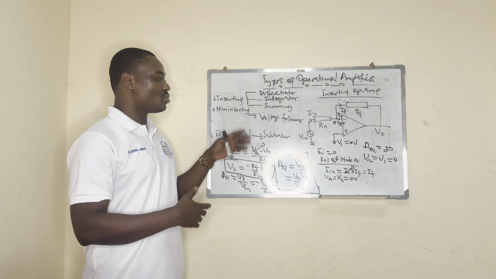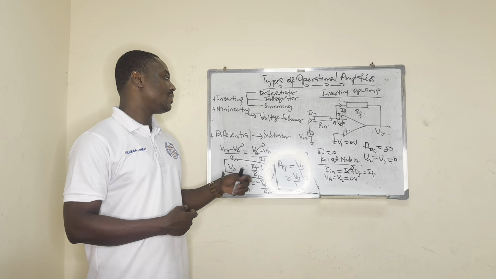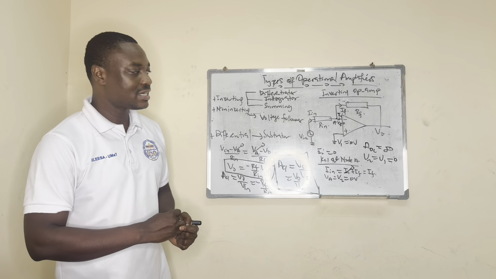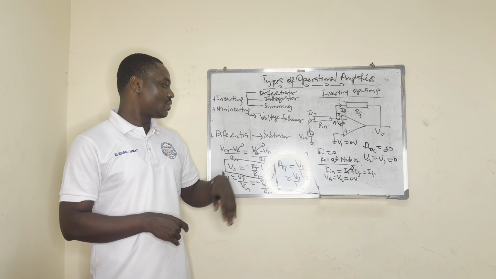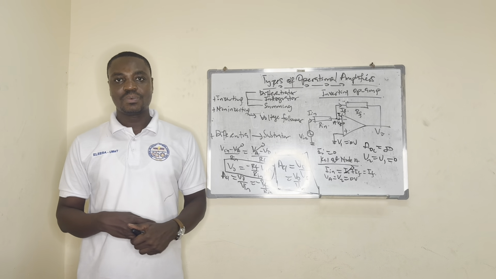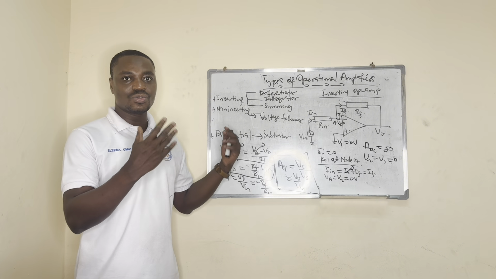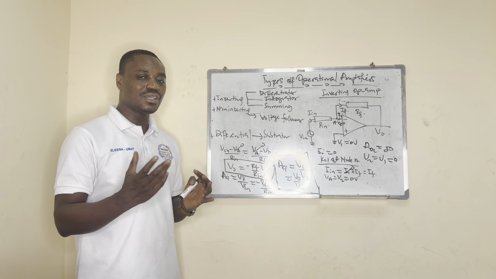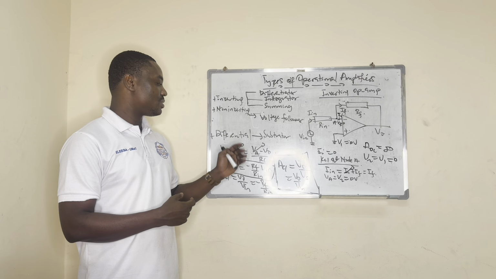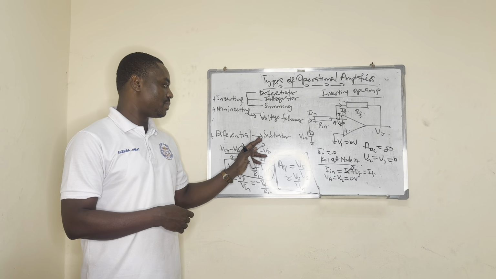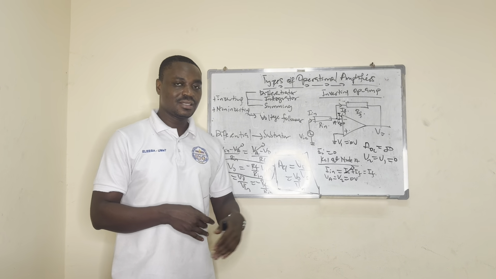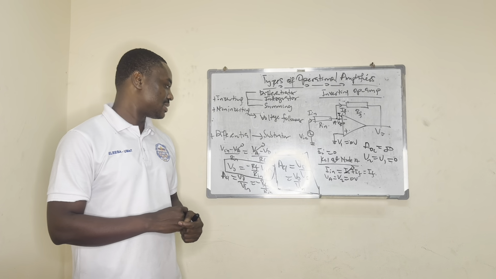You can use this to amplify a signal, and you can modify it to get another operational amplifier referred to as a voltage follower. And we have the differential operational amplifier as well. If you want to find the difference between two signals, let's say V1 and V2, we can do that using a differential operational amplifier, and it can also be modified to get what we refer to as a subtractor.